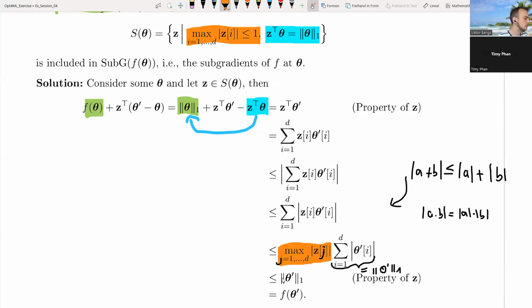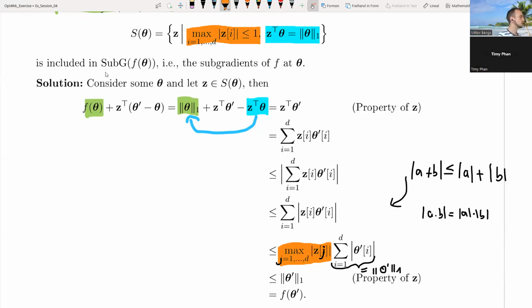So we can bound it once again from above by simply the L1 norm of theta prime. But this is the function we are looking at. Function f is mapping a vector to its L1 norm.